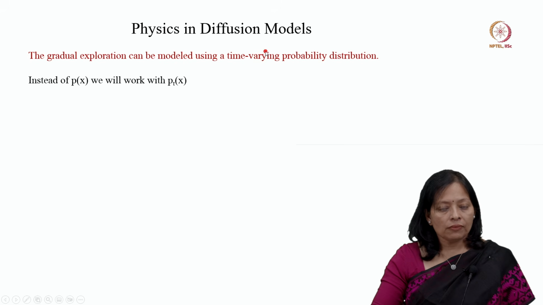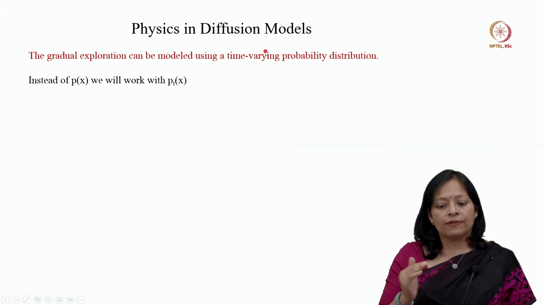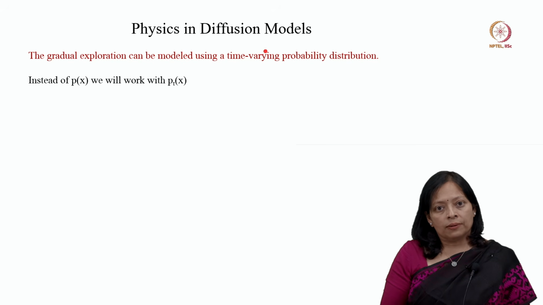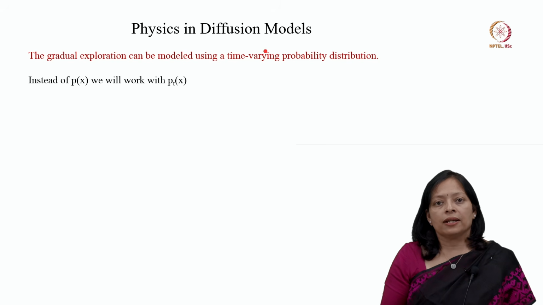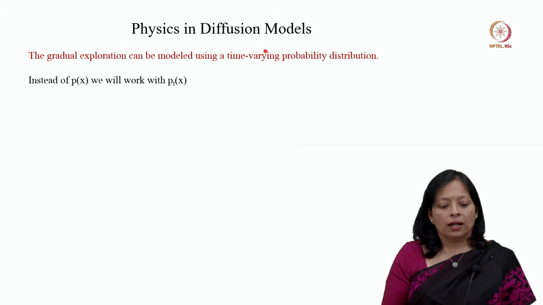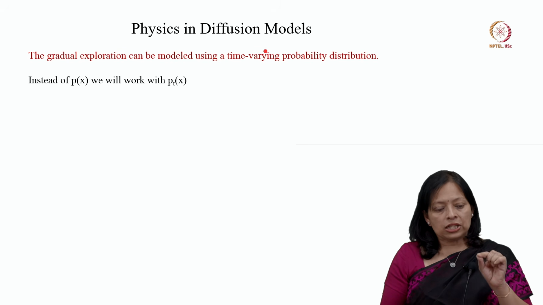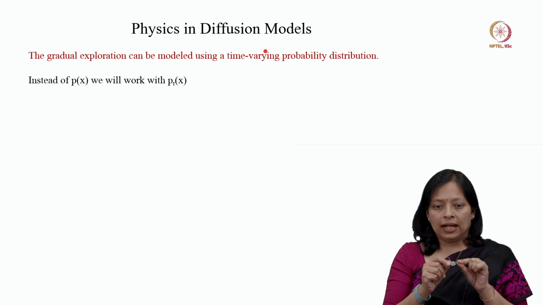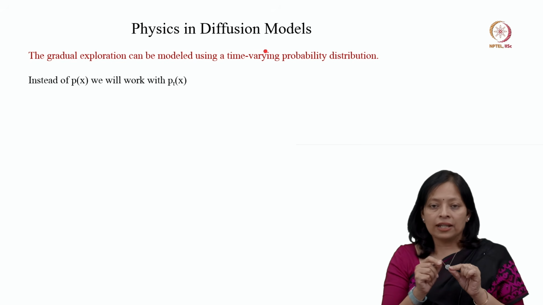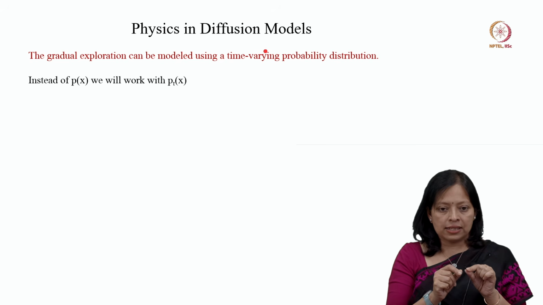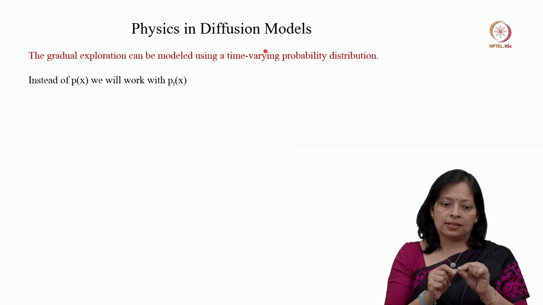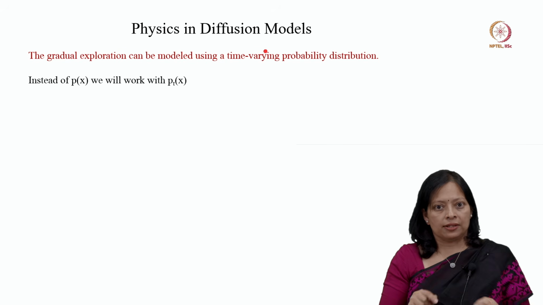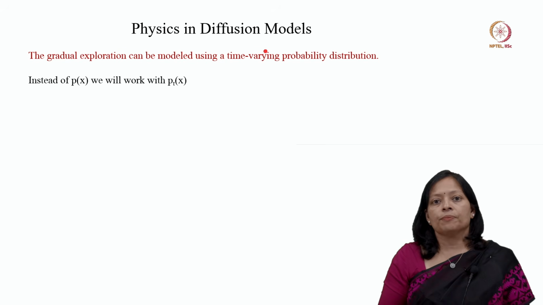Now, this is basically a time varying probability distribution. Why do I say it is a time varying probability distribution? Because each and every step it is taking, the next step it is taking, it is varying with time. So, at the first instance, whatever step it has taken, at the second instance of time, it will take some other step. So, it is a time varying probability distribution.